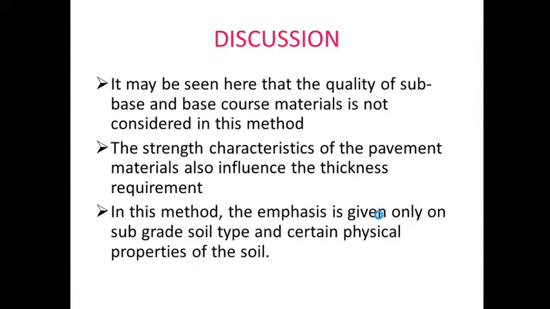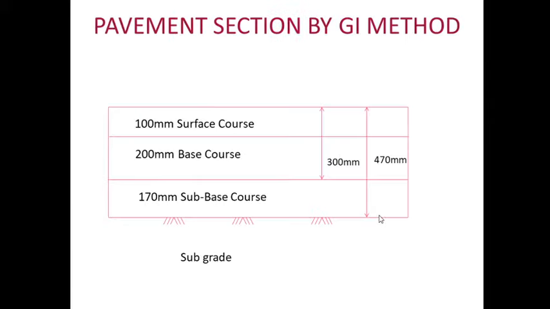Normally in India, base course is WBM, I mean water bound macadam, and WMM, I mean wet mix macadam. And the surface course is 100 mm. Normally in India, surface course is bituminous concrete, dense bituminous concrete, bituminous macadam or dense bituminous macadam. This is the procedure for finding the various layer thicknesses by using the group index method.